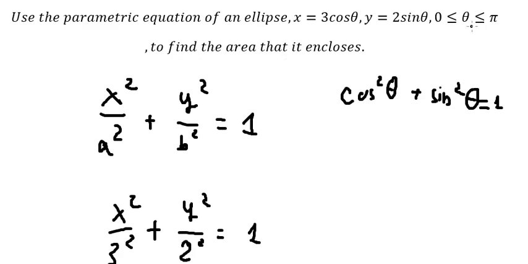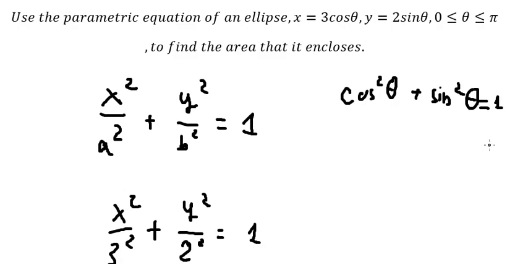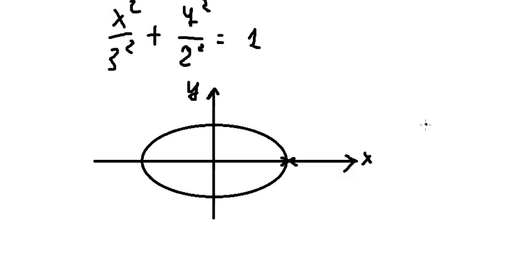Now when theta equals number 0, this one you get number 0, but this one we have number 1. So x equals number 3, y equals number 2. That is this location in here. And now they start from 0 and they stop at b. B is in here.